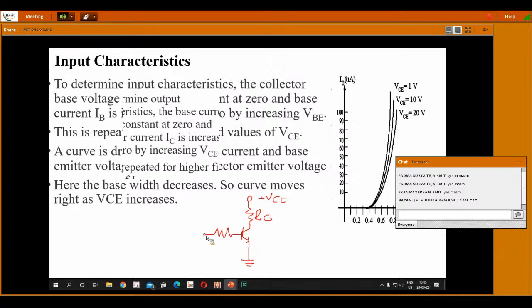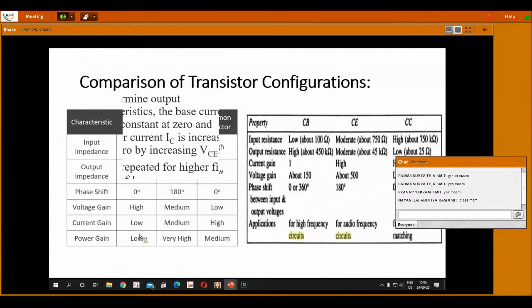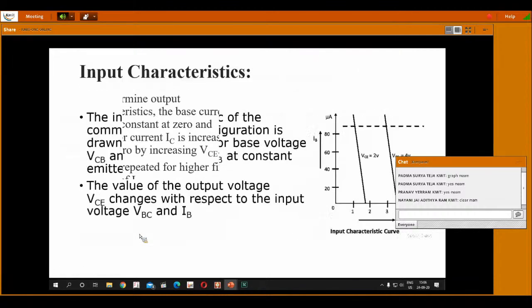The input must be applied in series with the resistance RB. The current flowing is the collector current IC, and the current flowing through the emitter terminal is denoted IE, as I already discussed in the last class.